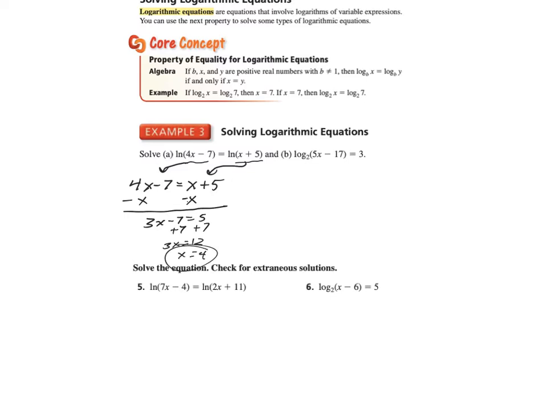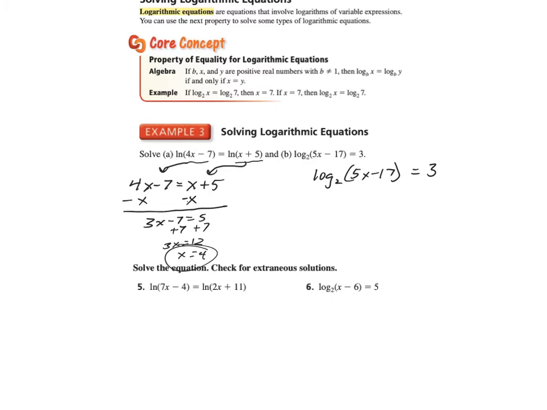Okay, done. All right, next one's a little trickier, but let me show you the trick I'm going to do. Let me rewrite it first. Log base 2 of 5x minus 17 equals 3 times, well, I'm going to tell you something.